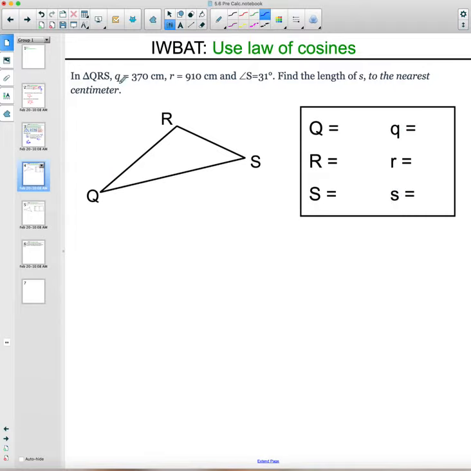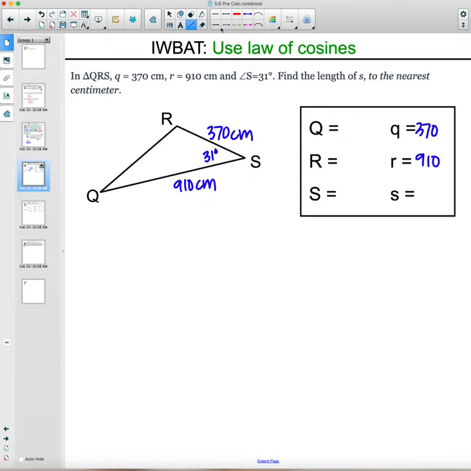Remember, side q, lowercase, is across from angle Q. So 370 over here. Side r is 910, across from angle R. I'm going to write those over here as well. And then angle S is 31 degrees.